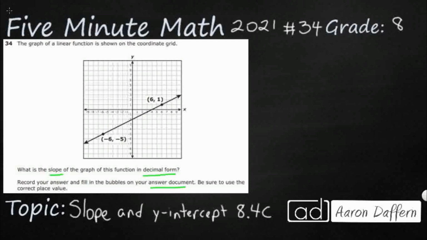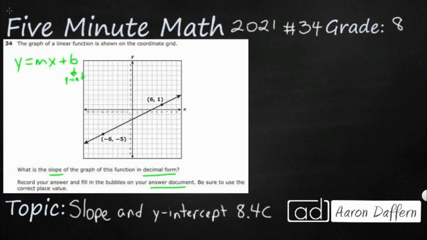Most of us have probably memorized the slope-intercept form when we're looking at linear equations, so we are going to use it. We're not necessarily looking for the y-intercept here, but that's what this b is. B is the y-intercept.